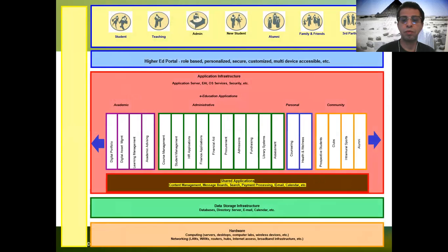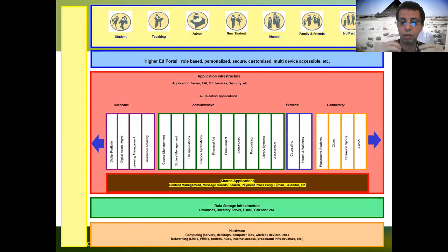You remember we spoke about a higher education solution, and we said that in order for us to estimate anything as an IT infrastructure, as an IT solution, we needed to start from the top: the student, teaching, admin, new student, alumni. What do these stakeholders need, and how are they supposed to be run? Then we took one step lower for the web-based layer, and we spoke about the apps these stakeholders might be using.